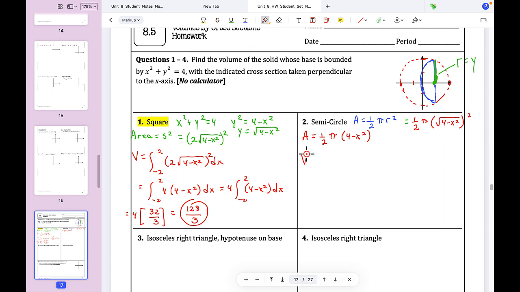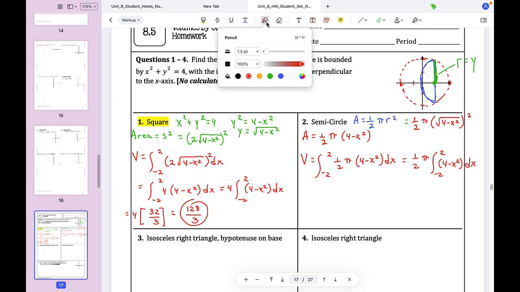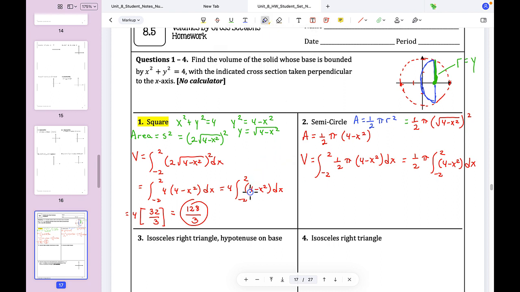Our volume, we're still integrating from -2 to 2 of 1/2 pi times 4 minus x squared dx, which is, we bring the 1/2 pi out front, the integral from -2 to 2 of 4 minus x squared dx. I already calculated that in the previous problem, so I can save myself some time.